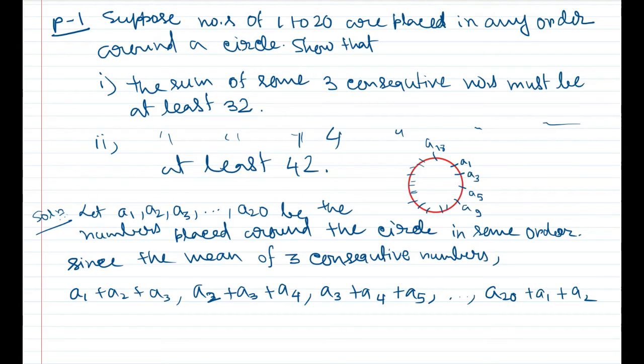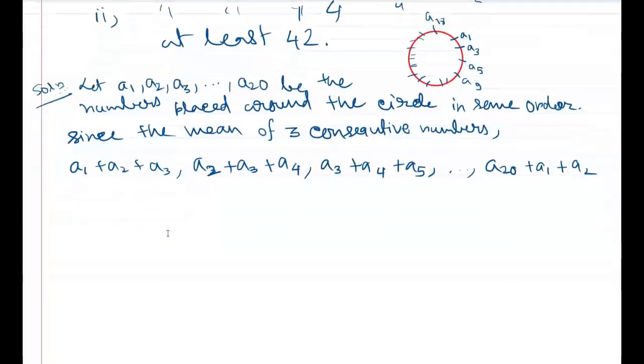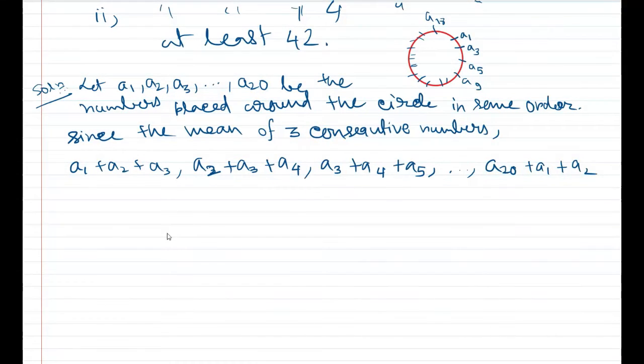Okay, so the sum of all these sums is nothing but 3 into (A1 plus A2 plus ... plus A20).